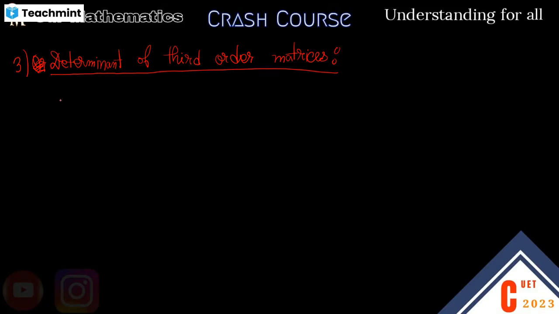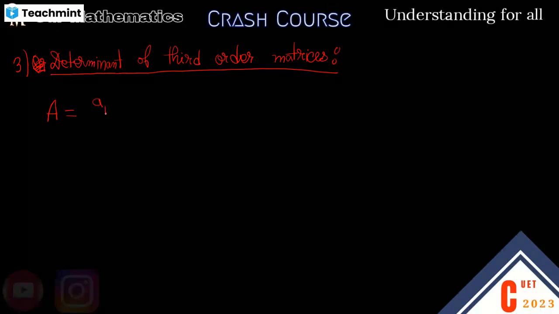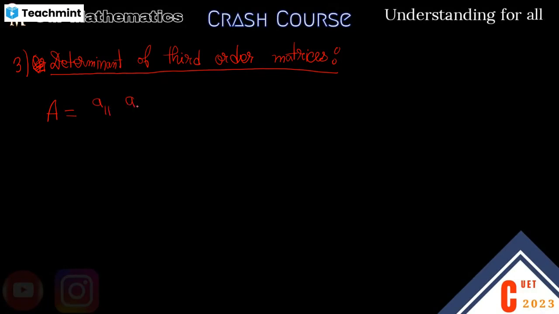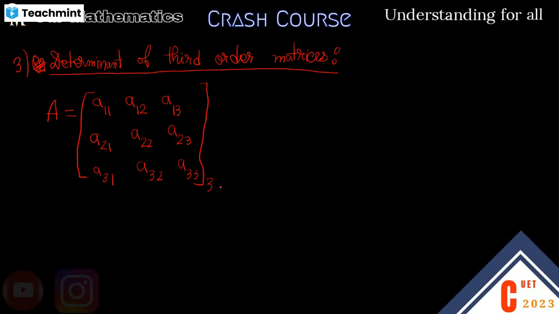Okay, so consider a is equal to a11, a12, a13, a21, a22, a23, a31, a32, a33 is a matrix of order 3, that is 3 by 3, square matrix of order 3.